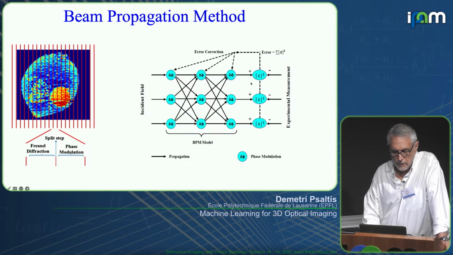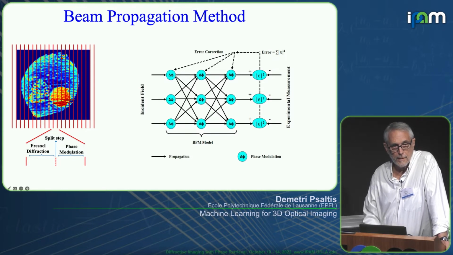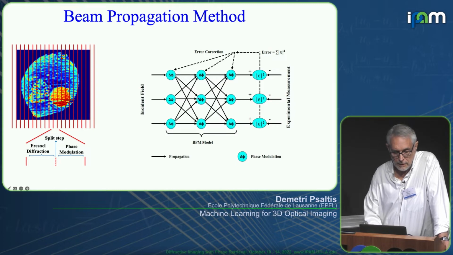You get to the detector, so to speak, where you have the experimental measurement, you compare the 2, and you use this to modify the phase. So this, looking like a neural network, allows us to use the error backpropagation method that we normally use in multi-layer networks to modify not the weights of anything, but directly the phase or the index of refraction of the 3D object.